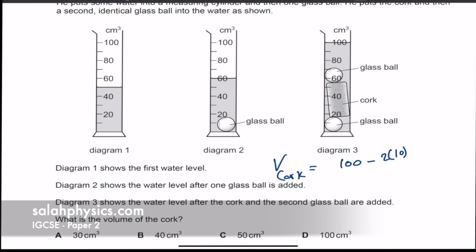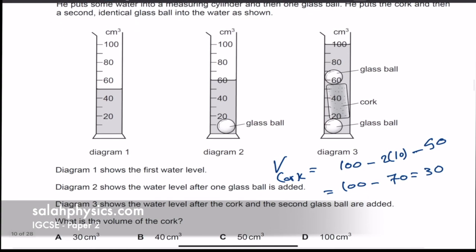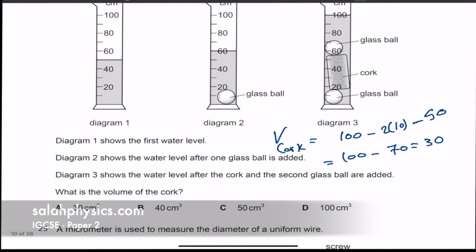It means we have 2 bowls, I'm going to remove the volume of them, and the volume of one glass bowl equals 10, right? That's why I said minus these 2. Then minus the water itself, so the water is 50. If you do all this calculation, 100 minus 70 gives you 30. So I will go to option A in such cases.